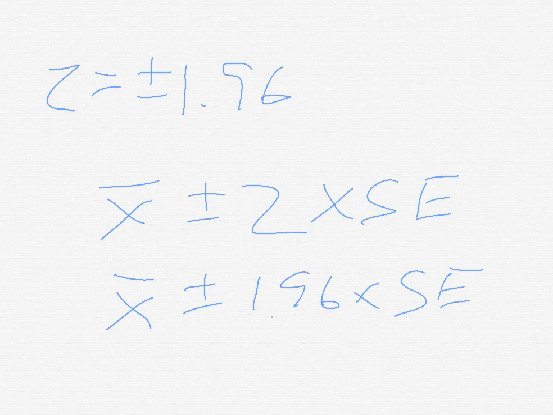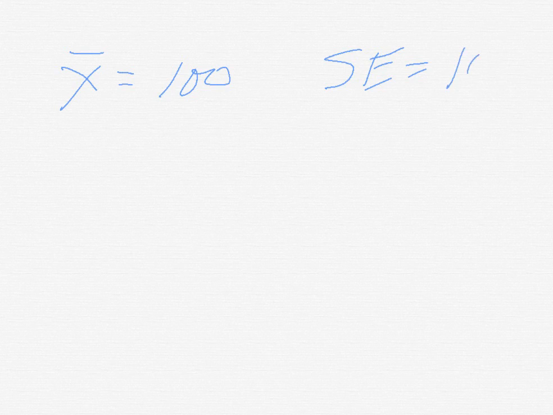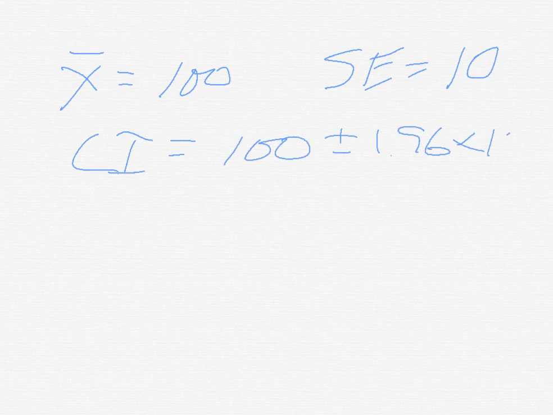Let's put some numbers in here, and I'm just going to make up some numbers. Let's assume that my mean is equal to 100, just to keep things simple, and my standard error is equal to 10. Using that equation for the confidence interval, which I'm going to call CI, I end up with 100 plus or minus 1.96 times 10.